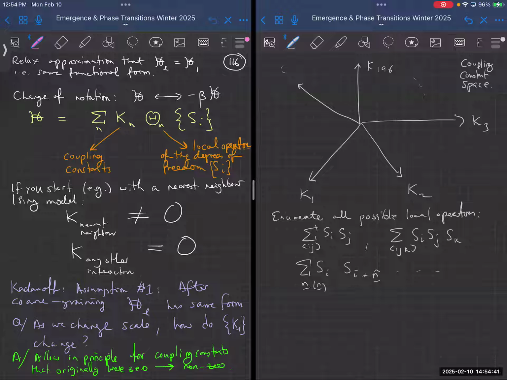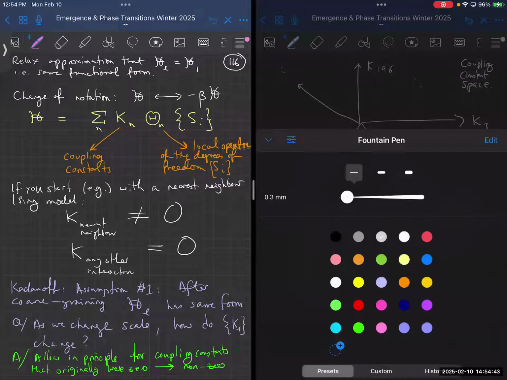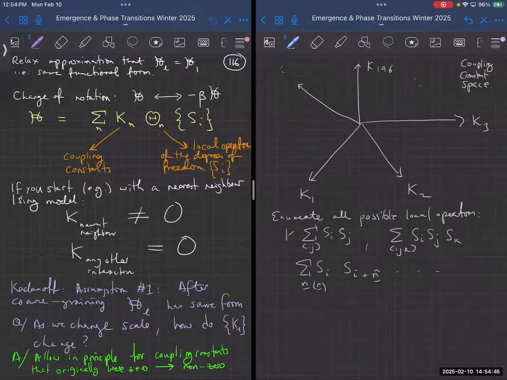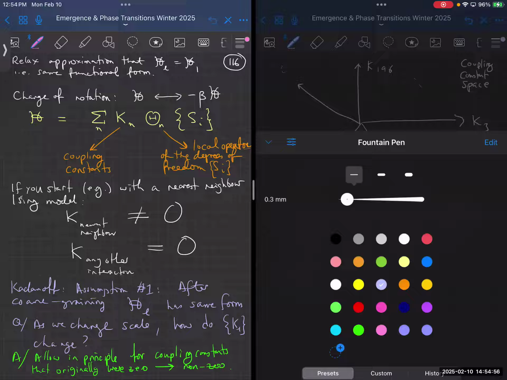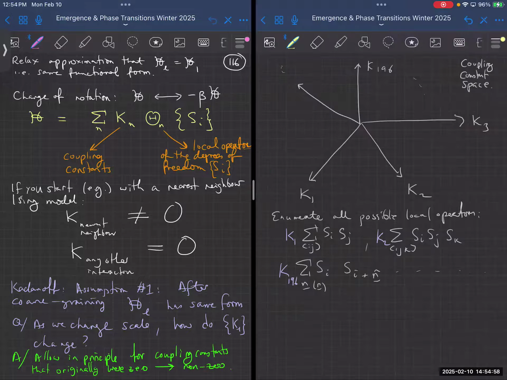Each of those local operators has a coefficient, which will be, let's say, K1, K2, K196, and so on and so forth. So if I tell you, here is my system, it's represented by a point in this space.